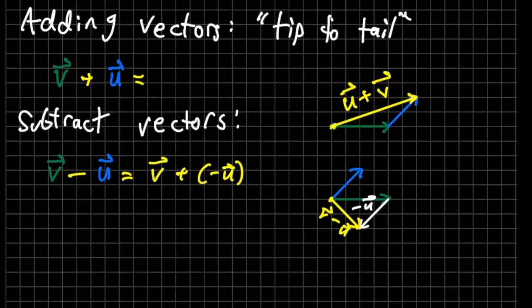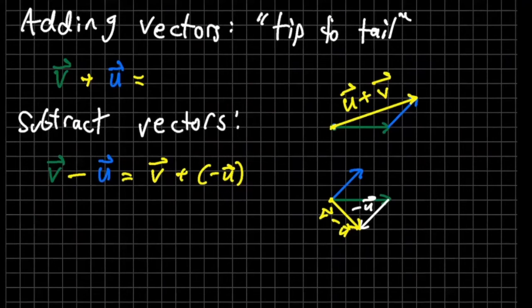Finally, we can multiply by a scalar by multiplying the magnitude.